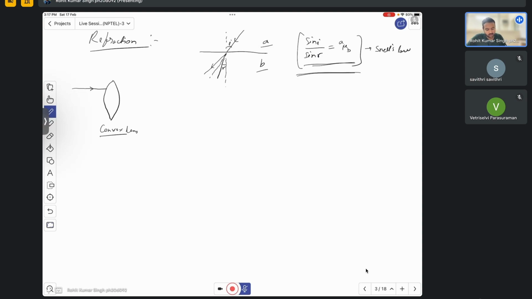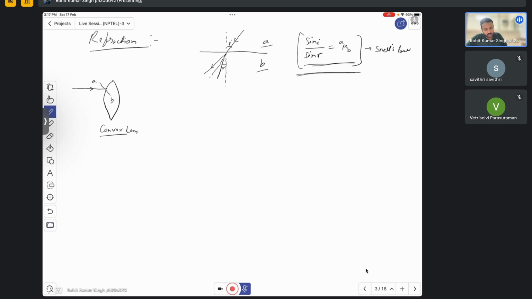And suppose this is air, the medium A, and the lens is made of glass, so it is optically denser than air. And here on the lens, this is the normal, right? This is the normal direction.